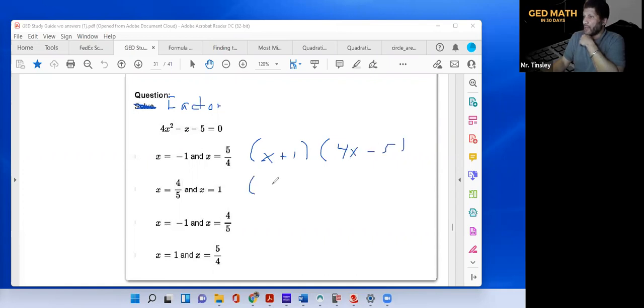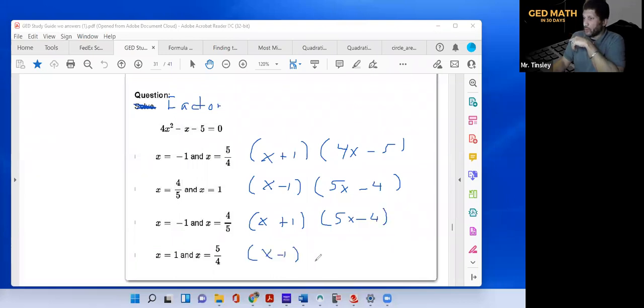I got x minus 1 times 5x minus 4. x plus 1, 5x minus 4. x minus 1, 4x minus 5. So say we didn't have these. Say this is not the answer. So I'm changing the question a little bit.